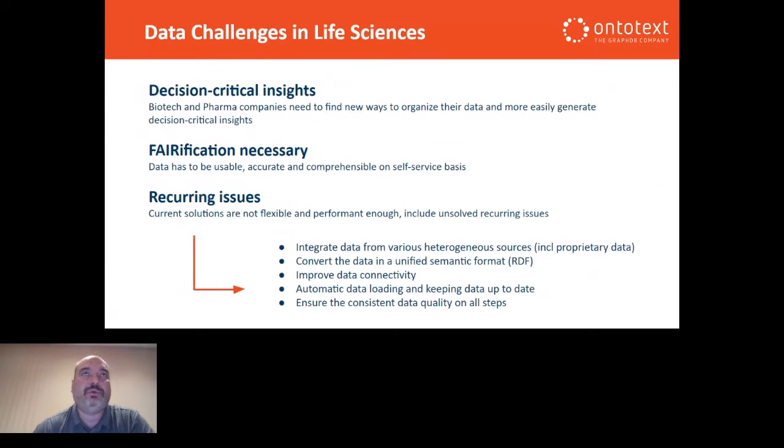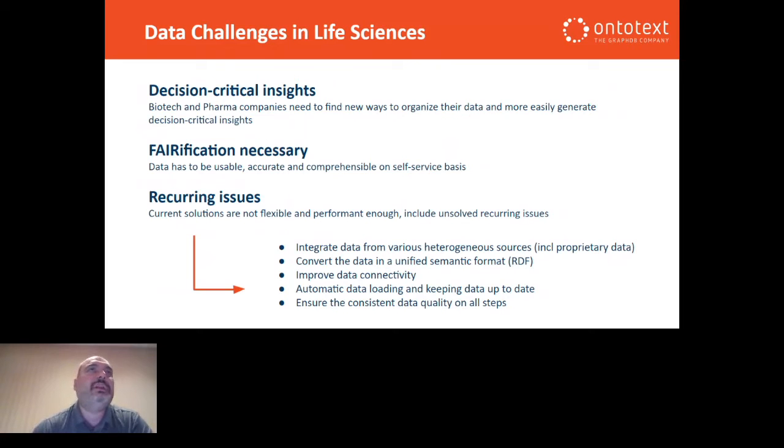And one of those tools sits on top of knowledge graphs, and the technology behind it allows us to unlock the information hidden in many different diverse data sets, to build a network of knowledge, and to provide the data in a way that it's findable, accessible, interoperable, and reusable, the FAIR data principles, in order to solve various recurring issues that we find in every single domain in the industry, in every single use case.